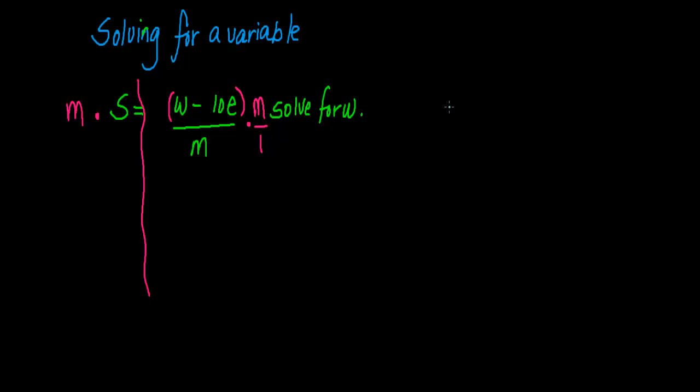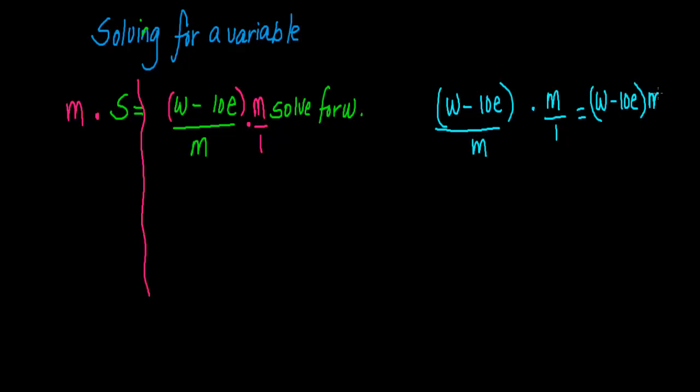Let me go to the side and let me write W minus 10e times m over 1, and this is over m. Now notice I have a fraction times a fraction. When we have fractions multiplied by fractions, we multiply the numerator with the numerator. So this comes out to be W minus 10e, the whole thing, times m.